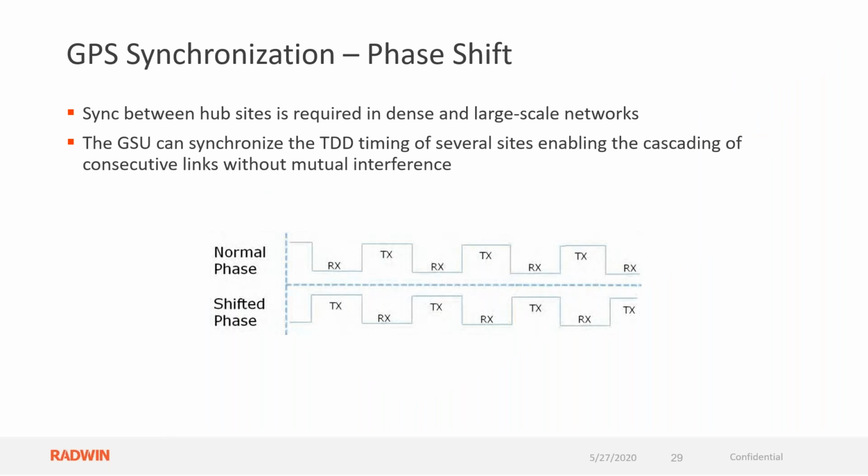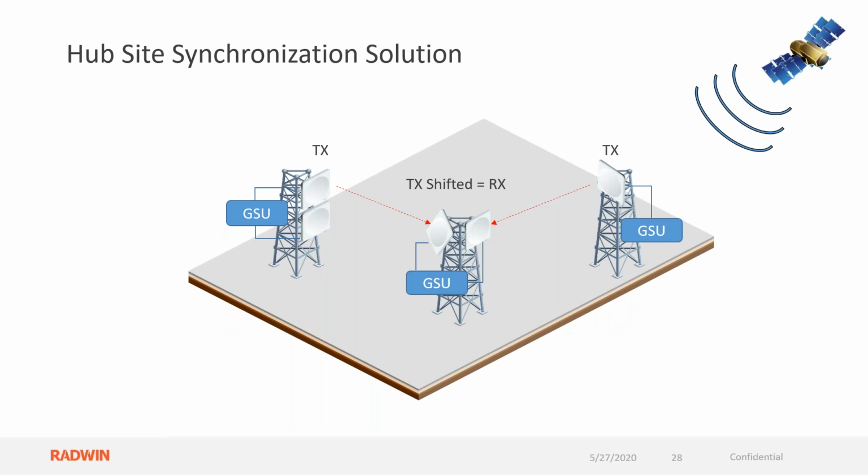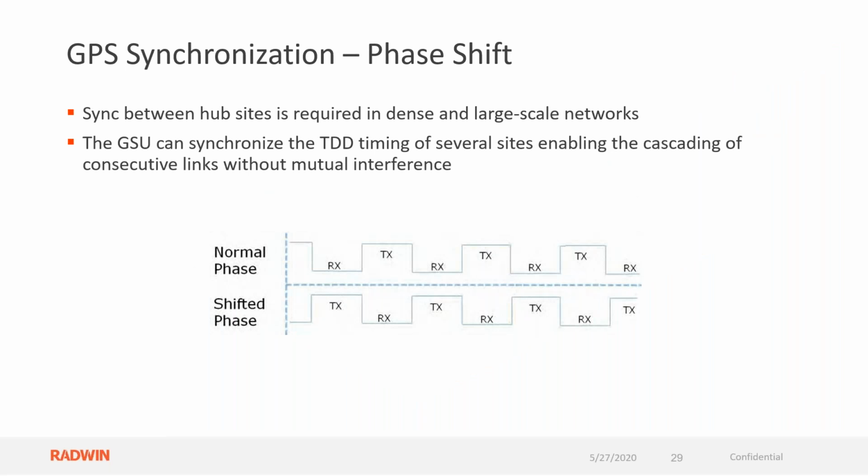And again, for all of you who asked, at the end it is a clock, a pulse that provides the same clock to all the entities. It doesn't matter if it is intra or inter, but in an inter solution, we need a GPS, a GSU solution. And in order to determine that on the second tower all of the entities will be receiving, I need to shift the phase to get RX instead of TX. And I need to shift the TX and the RX by 90 degrees.